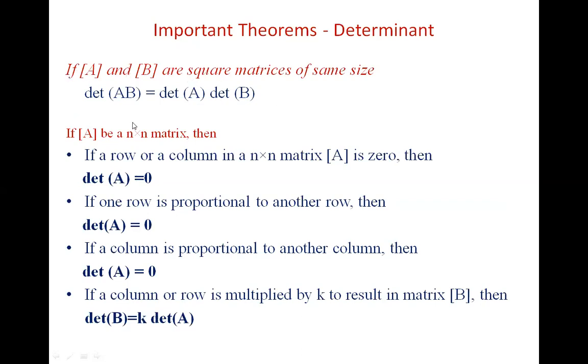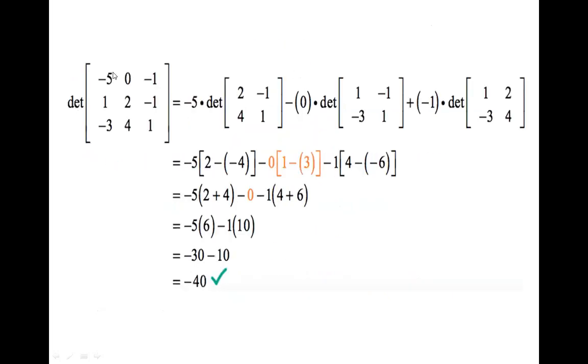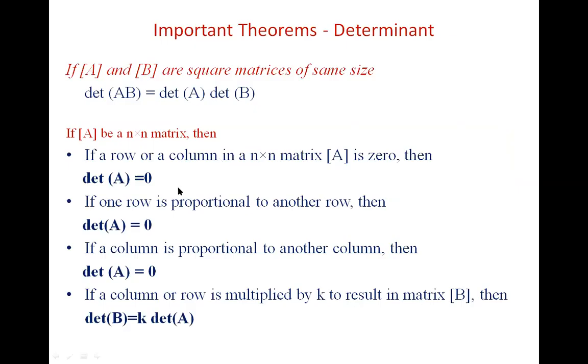Now another thing: if matrix A is an n by n matrix, meaning any 2 by 2 or 3 by 3 matrix, and a row or a column is 0, then the determinant of that matrix will be 0. For example, if all the elements in a particular row or particular column are 0, automatically we will have a determinant value of 0.